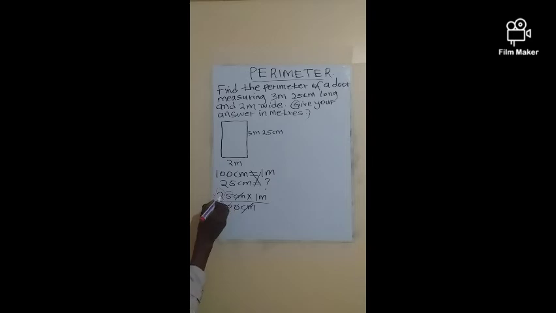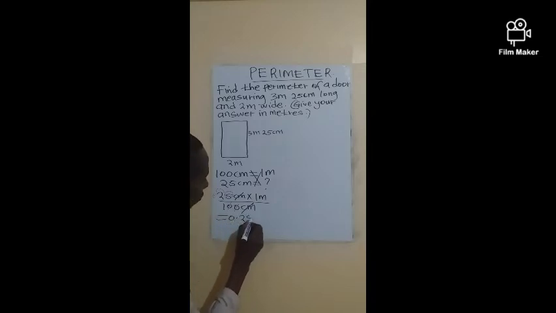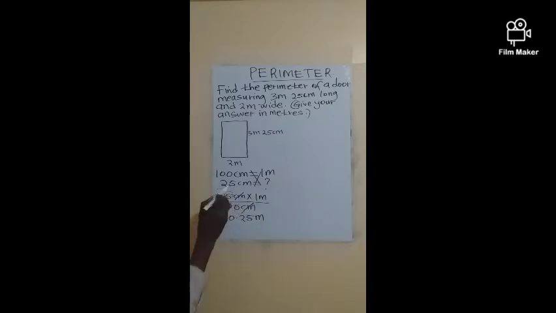Now 25 divided by 100 is going to give us 0.25. So 2 zeros represents 2 decimal places, 1, 2. Now our answer is going to be 0.25 meters, meaning 25 centimeters is the same as 0.25 meters.